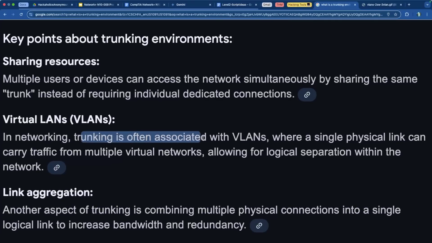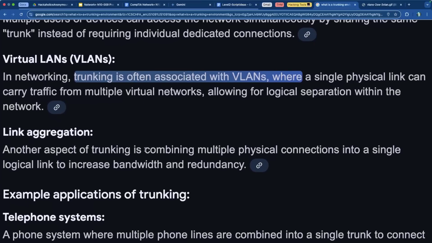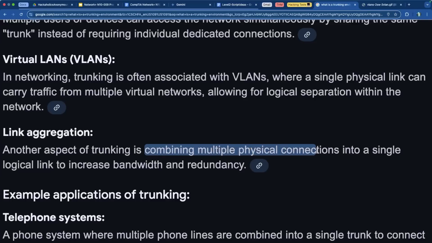Trunking is often associated with VLANs, where a single physical link can carry traffic from multiple virtual networks, allowing for logical separation within the network. And another concept would be link aggregation, which is combining multiple physical connections into a single logical link to increase bandwidth and to increase redundancy.